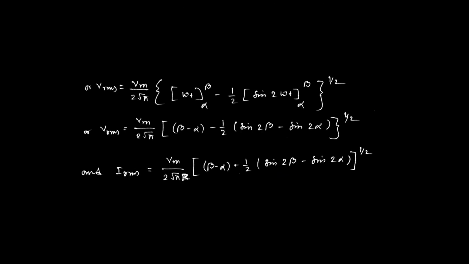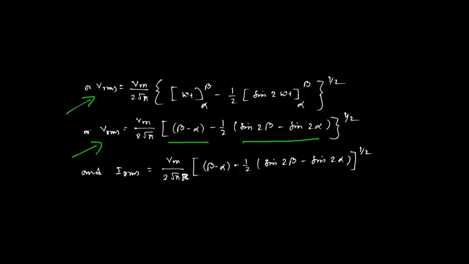After simplification again, we can rewrite the expression as VRMS equal to Vm by 2 root pi times the square root of omega t from alpha to beta minus 1 by 2 cos 2 omega t from alpha to beta. Considering the limits, it can be written as beta minus alpha, and sin 2 beta minus sin 2 alpha.